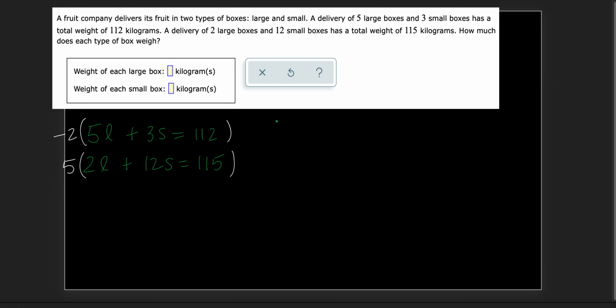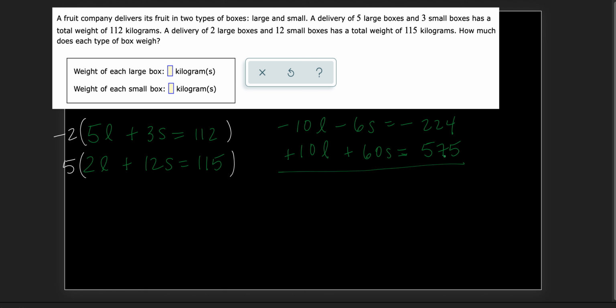And so my problem now looks like, when I multiply every term by -2, -10L minus 6S equals 112 times 2 is 224, so -224. And then 5 times each term here, that would be 10L plus 60S equals 115 times 5 is 575.